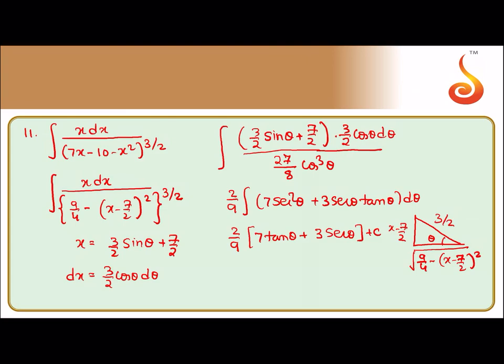So we substitute this: tan theta is perpendicular upon base and secant is nothing but hypotenuse upon base. The base is common in both. So you finally get 2 by 9 into 7x minus 20 by 7x minus 10 minus x square to the power 1 by 2 plus c.